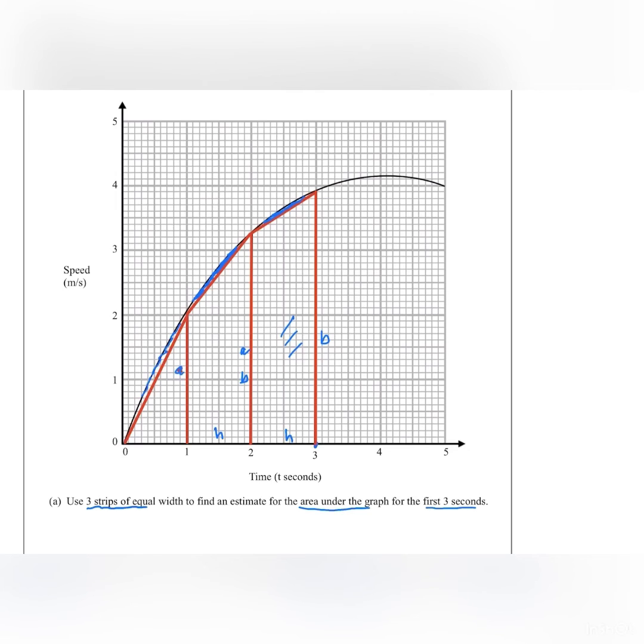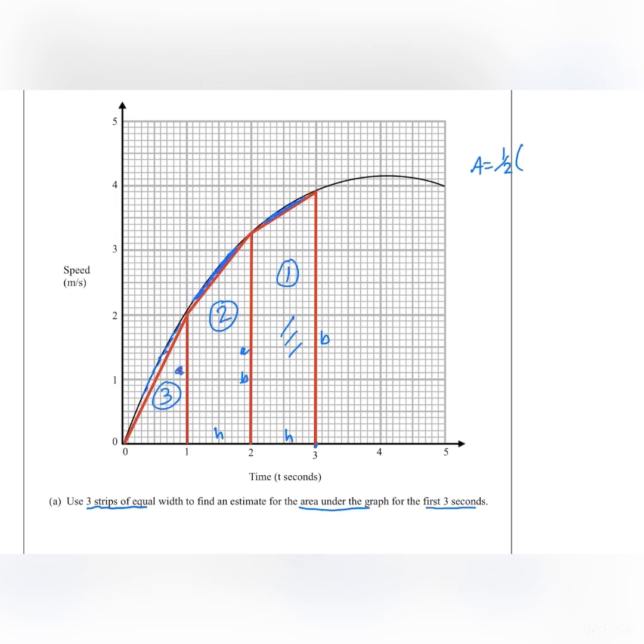Okay, so if I just say this is trapezium 1 and this is trapezium 2, and this is the triangle, which is the area 3. So the first trapezium, the area equals 1/2 (A plus B).